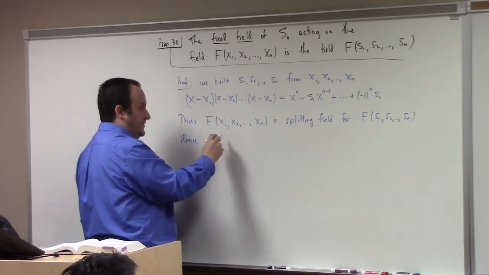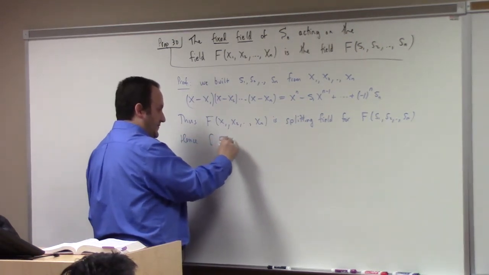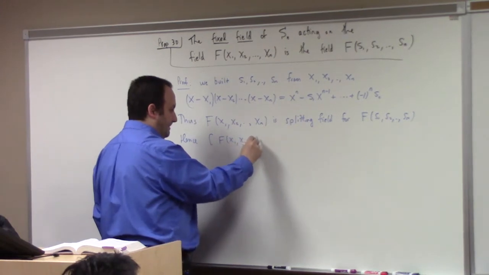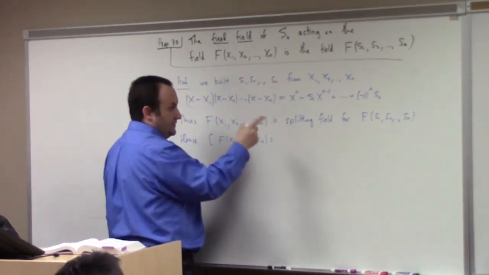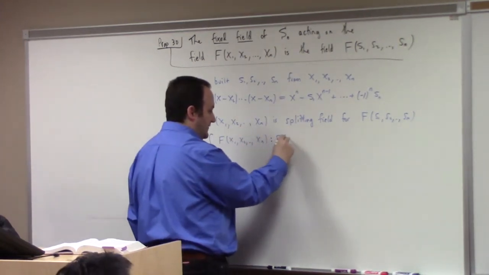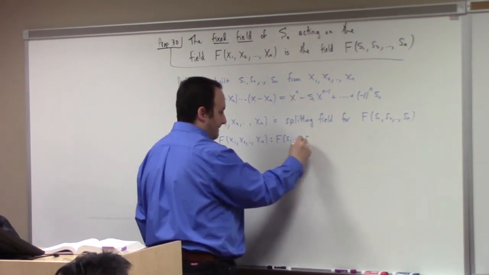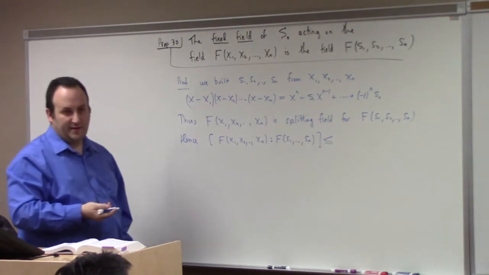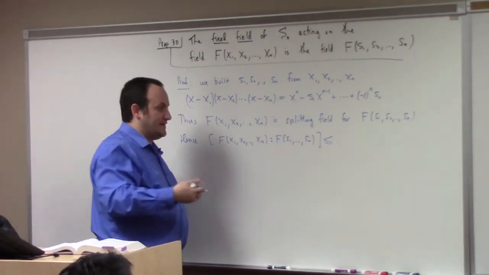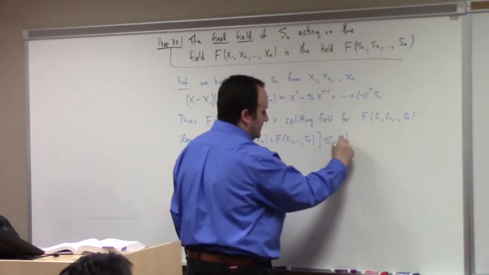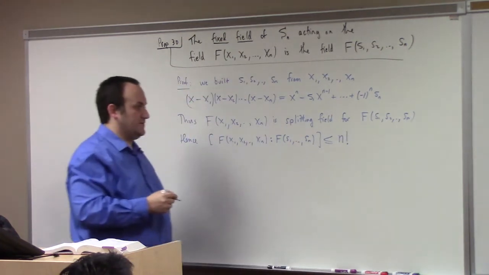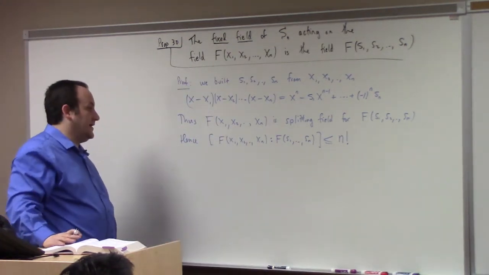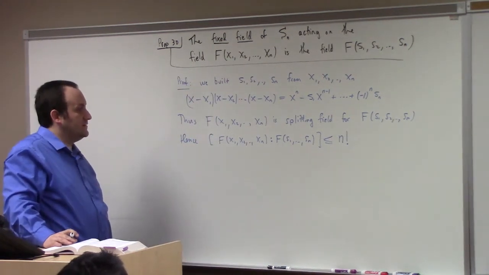Hence, the degree of the extension of F adjoined the x's over F adjoined the elementary symmetric functions is at most what? N factorial, yes, by our basic extension quotient theorem.